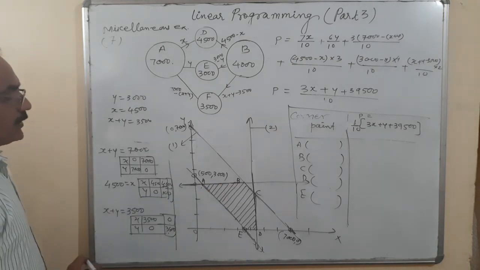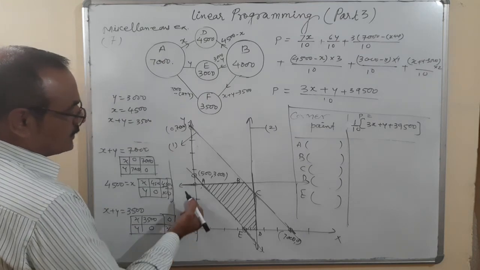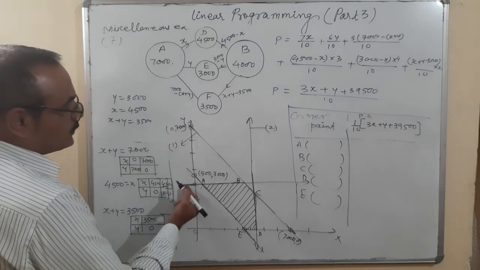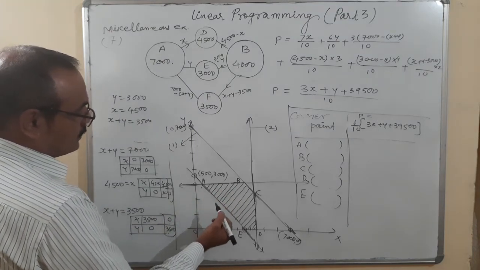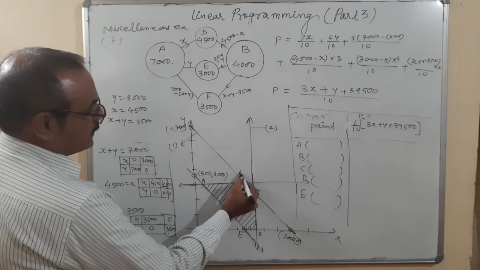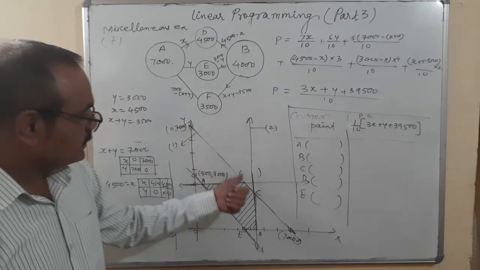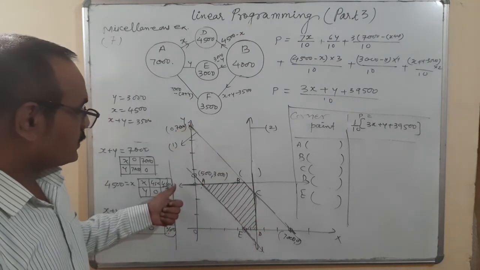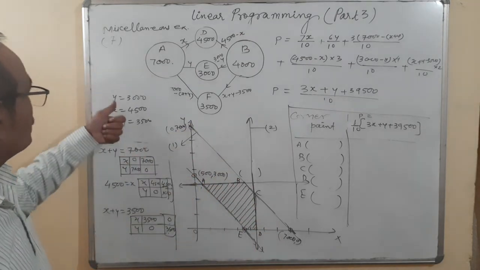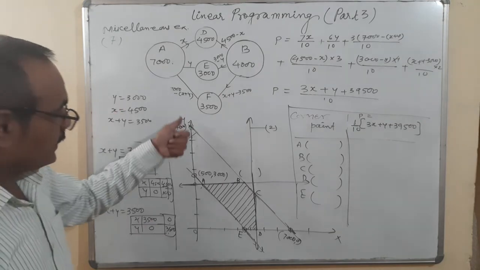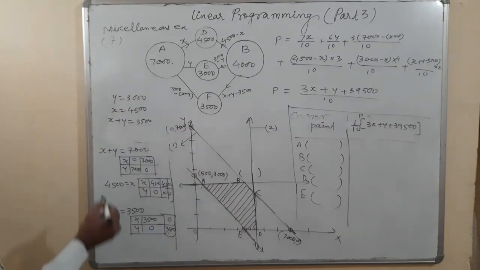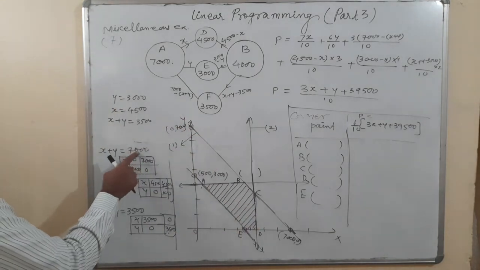Point B. Okay. Point B, what happened? Let us see. This is the line which is parallel to the x-axis. That means y is equal to 3000, and this is the line x plus y is equal to 7000.